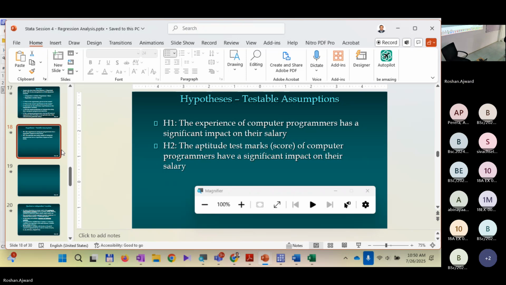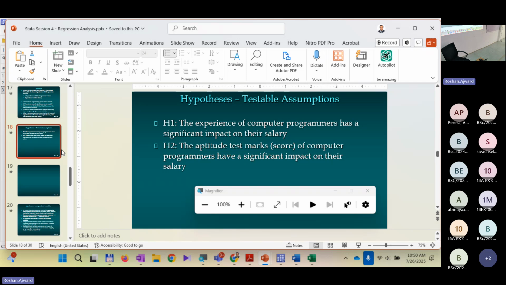Number two, the aptitude mark has a significant impact on the computer programmers' salary. So you do the test: you take the data, put it into the computer, and run the regression test. And here it indicates both are significant. In that case, you can say these hypotheses are confirmed.